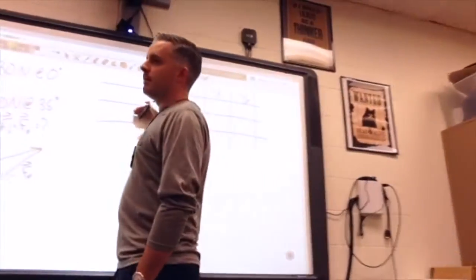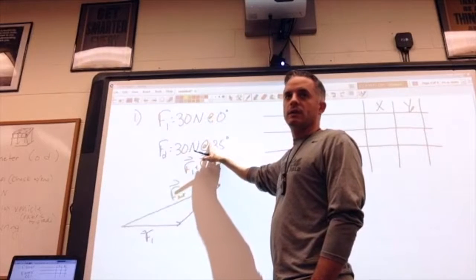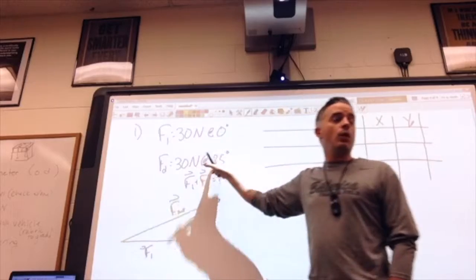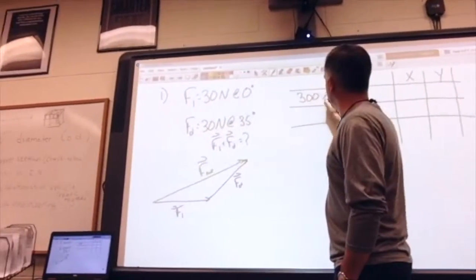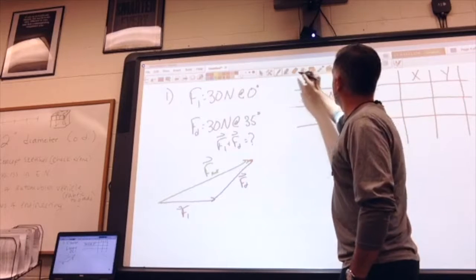In my rows, I'm writing down the forces, the names, just what they are, the information about them, in the order in which we're adding them. So the first one is 30 newtons at 0 degrees.